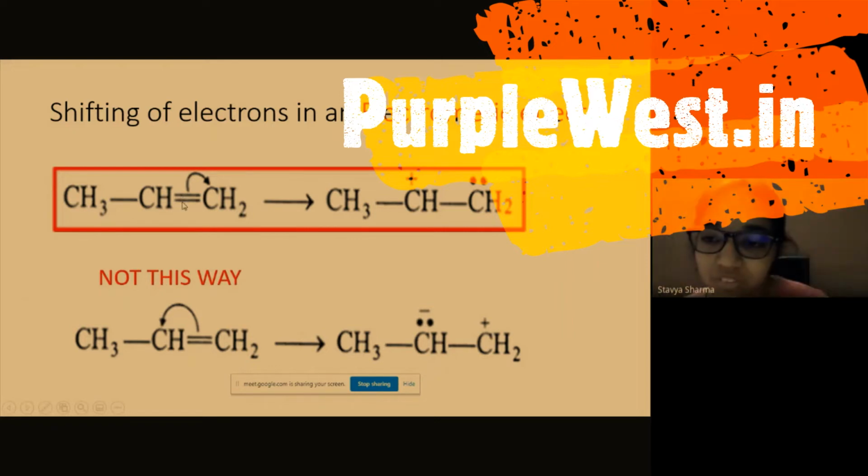Two pairs. Two electrons from this carbon, two electrons from this carbon. After the shifting, the entire one bond shifted to this carbon. Out of these two electrons, one electron was originally of this carbon, but the extra electron has come from the second carbon. So it has lost its electron and it has gained an extra electron.